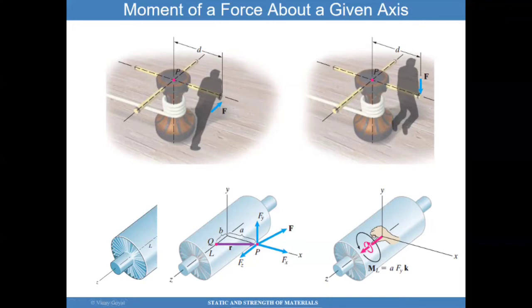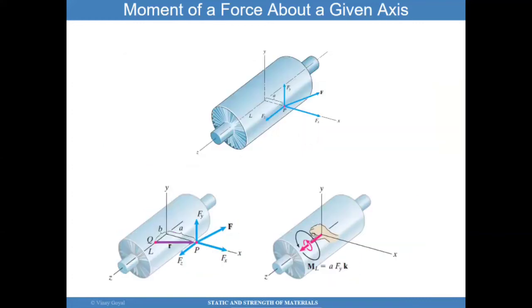Another situation where this could happen is, for example, a turbine blade. You have a force F acting at a point. This force F will cause a moment about this axis z. And the question is how to calculate that type of moment about an axis. One approach is to take that force F and decompose it into Fz, Fy, and Fx.